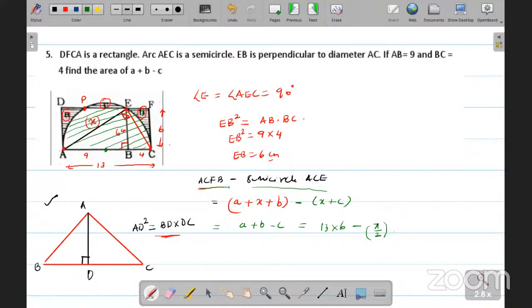So AC is 13, so r must be 13 by 2, whole square. So if you simplify this, you will get 78 minus 169 by 8 pi. Whatever that turns out to be, I think that will turn out to be option number B. Have you understood how to solve this question? Is the solution of the question clear to you all?